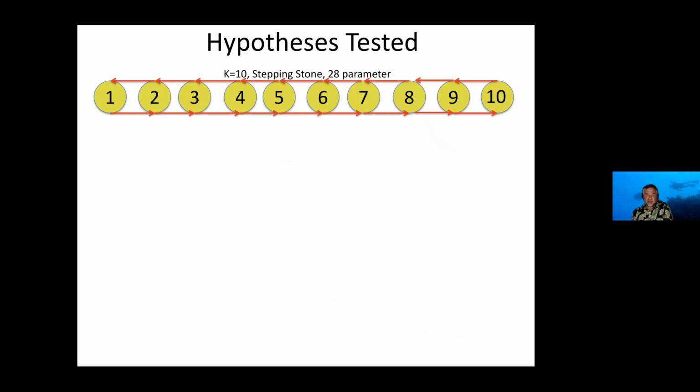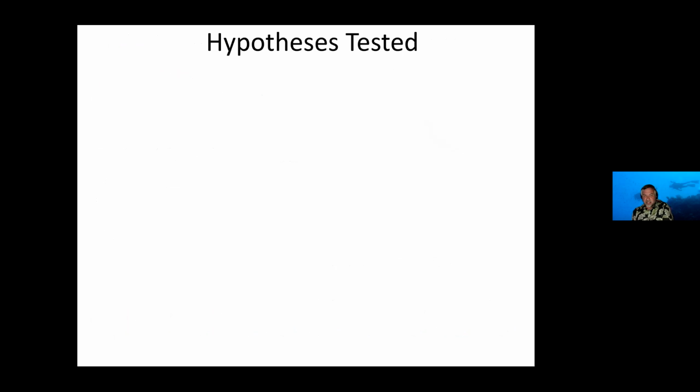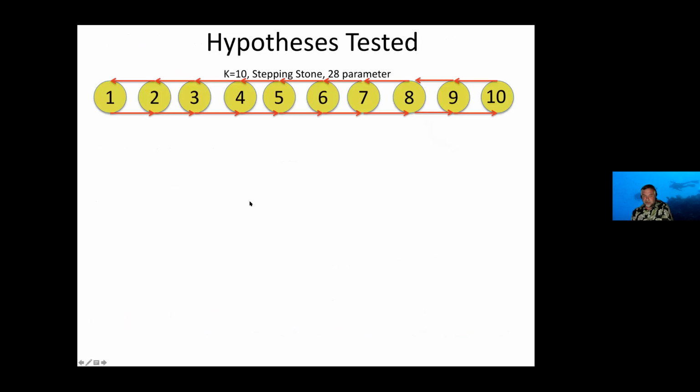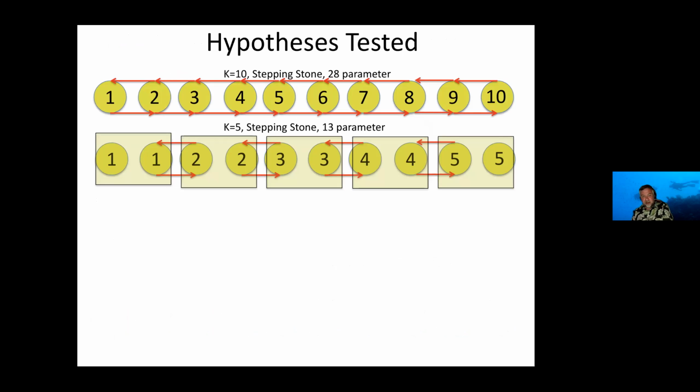So I took these simulated data and I tested them under a hypothesis of a stepping stone model, where every population has a different size and migration parameters are all different from each other. I tested another population model where there is regional structure. So each of these populations is actually a single population, the ones in boxes here. So we're not able to detect every population.